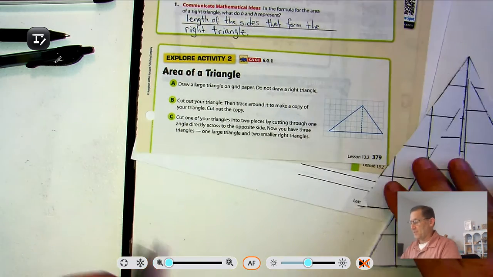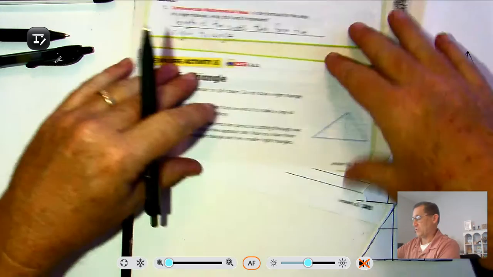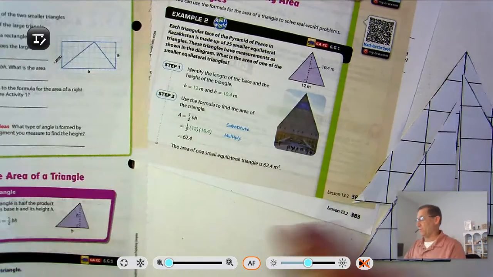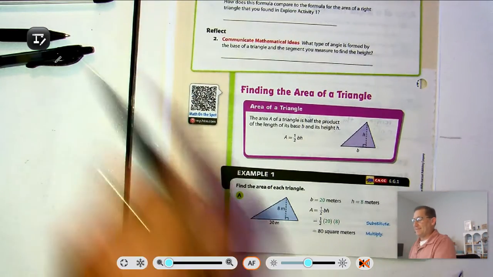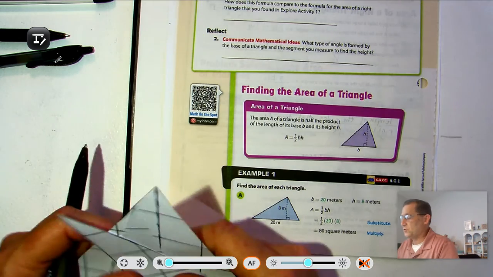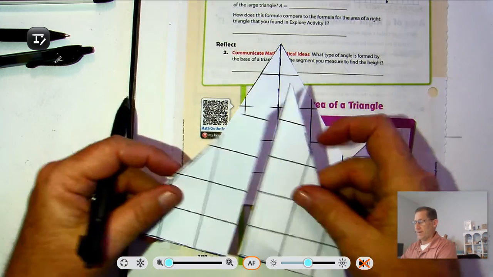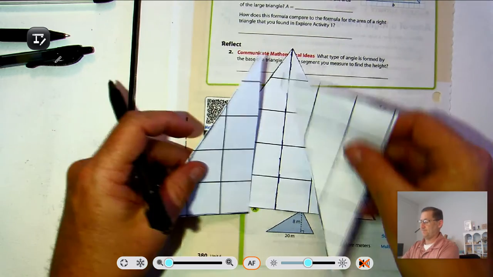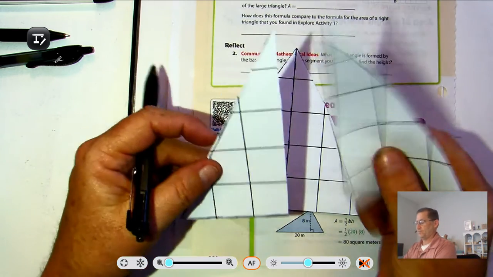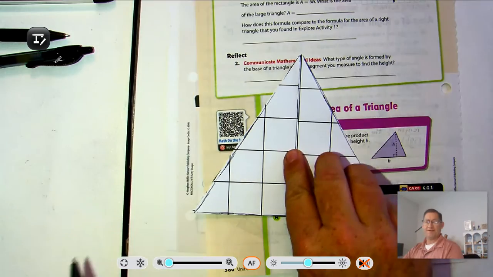Okay, so now we have three triangles. Now let's go on page 380 and see what we're going to do with those three triangles. When added together, the areas of the two smaller triangles equal the area of the large one, right?